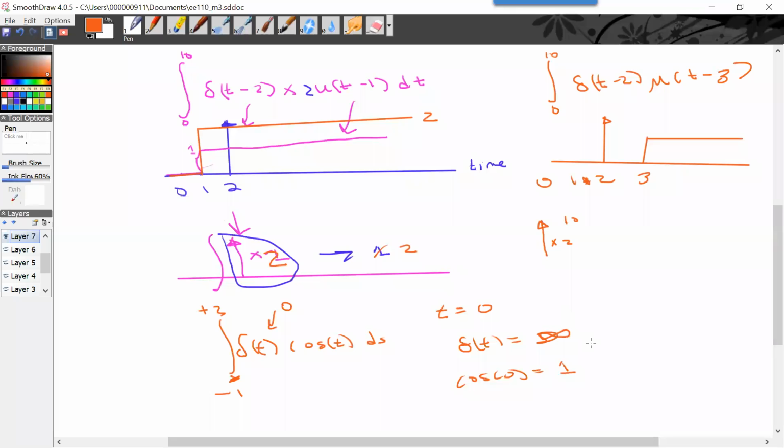And so I'm going to get 1 times infinity. When I integrate that, I'm going to get the 1. If I had different cosine values, it just scales whatever it happens to be by the delta function, which you see when you do the integration.